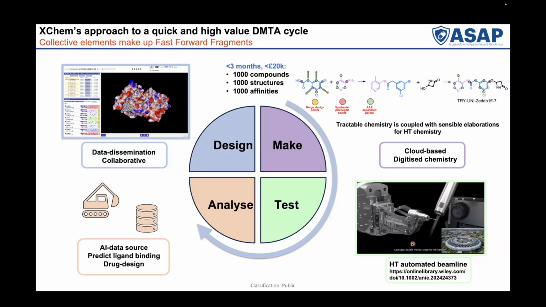We have several examples of crudes being used, but this is ongoing work to see how effective these crudes are when soaking them. And as mentioned, collectively the idea is this will create very large AI data sources for predicting ligand binding and drug discovery.